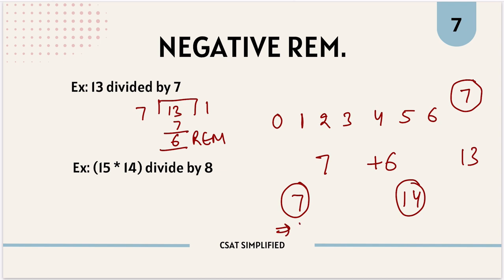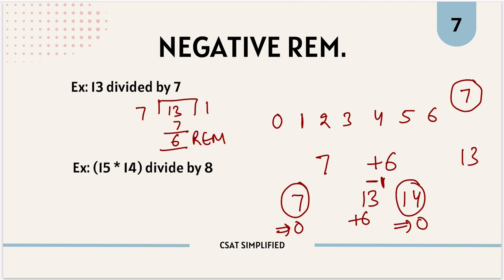Here we have remainder as 0, here we have remainder as 0, but 13 is giving me a remainder of 6. So one way of looking at it is that it is 6 far from the nearest multiple, that was 7. So if 7 is the multiple, then it is plus 6 of that multiple, or I can simply do a minus 1 from it.